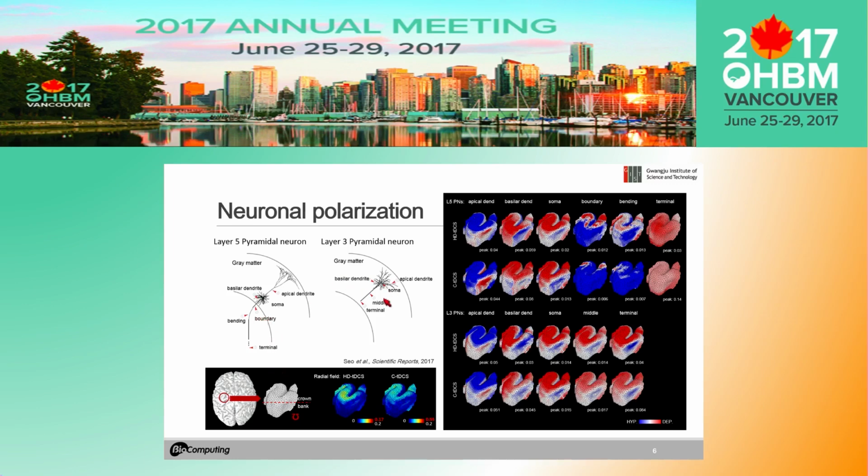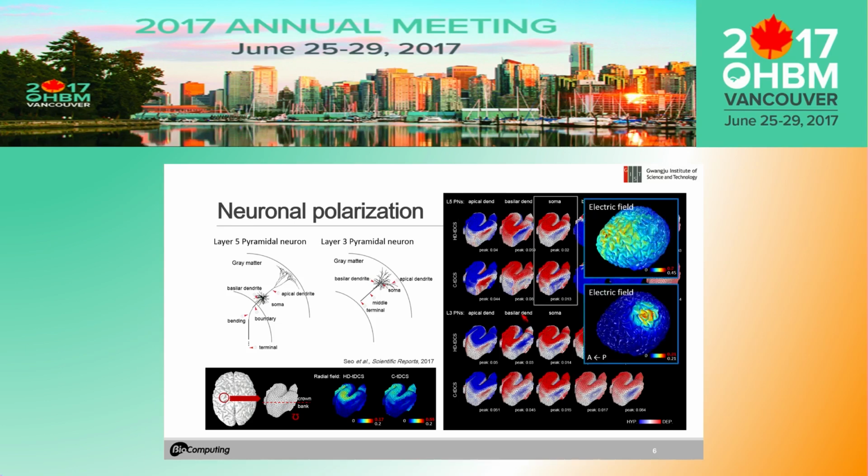For the layer 3 pyramidal neuron, the middle part and terminal part of the axons are considered. We visualized the spatial distribution of neuronal polarization by projecting the membrane polarization onto the cortical surface. First, we found the general observation of depolarization in the apical dendrite and simultaneously the opposite polarization in the basal dendrite and soma.